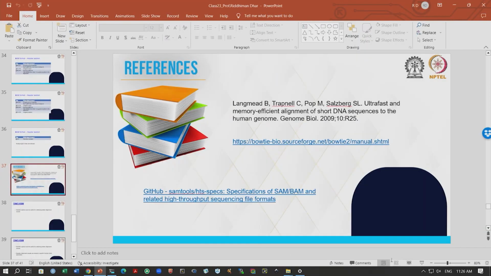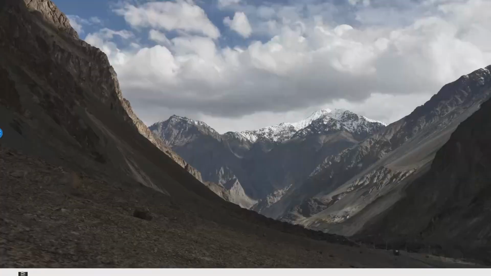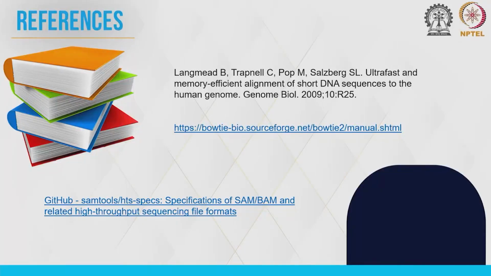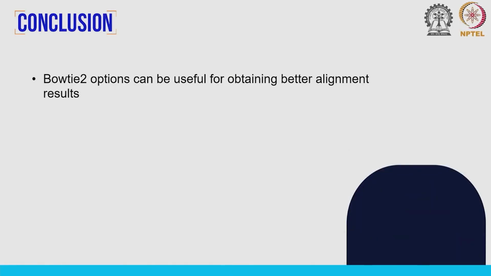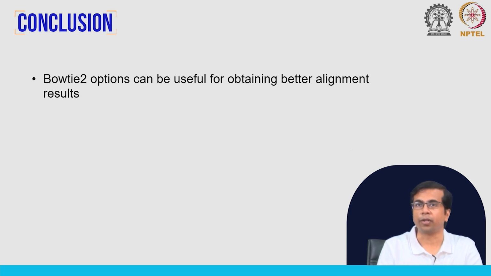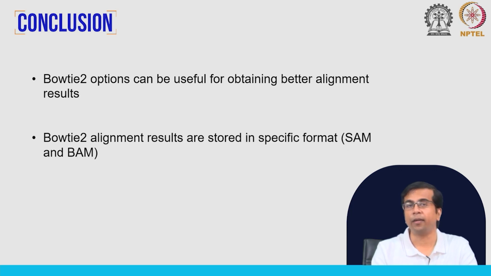So these are the references that we have used in this class. And finally, just to summarize: Bowtie2 options can be useful. In the first part of this class, we have seen that we can use these Bowtie2 options, and they can be useful for obtaining better alignment results. Bowtie2 alignment results are stored in specific formats, SAM and BAM.